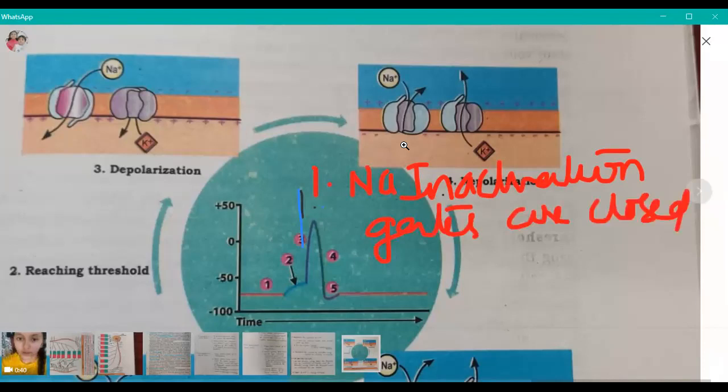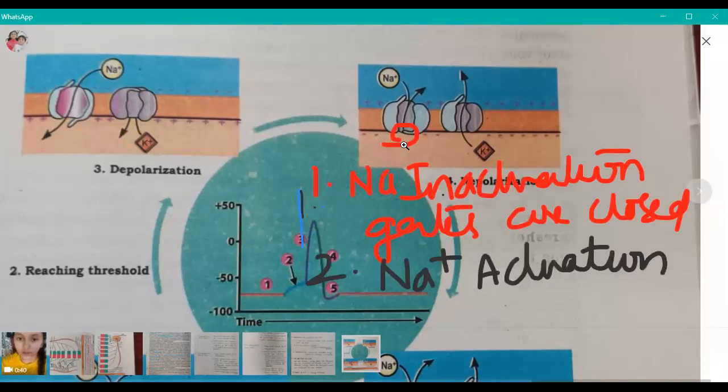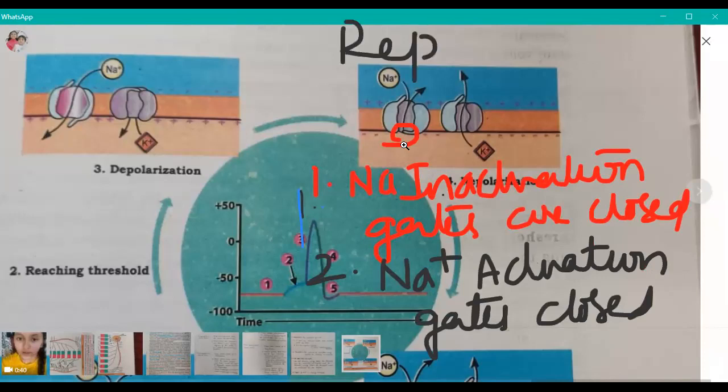This one. Okay, so then sodium activation gates are open, but there is no use actually, because with both open only, there may be a possibility of influx. But what is this? This is repolarization, isn't it? This is a repolarization diagram.